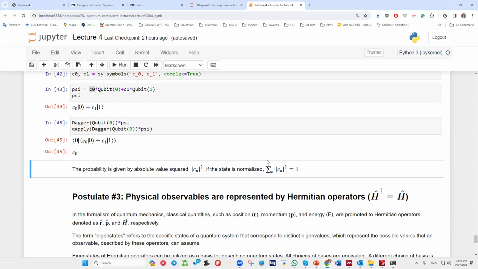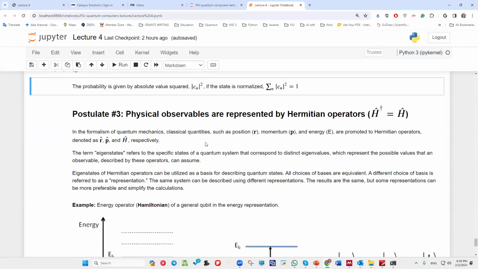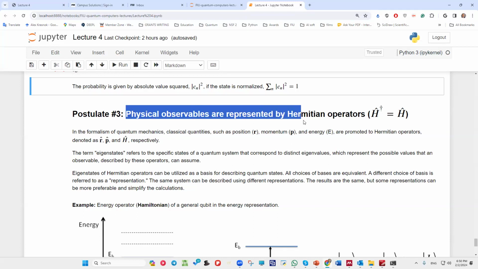All right. So I guess the last postulate for today, we're running out of time, is postulate number 3. Postulate number 3 says that physical observables in an actual system are represented by Hermitian operators.